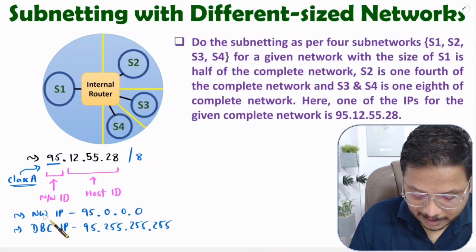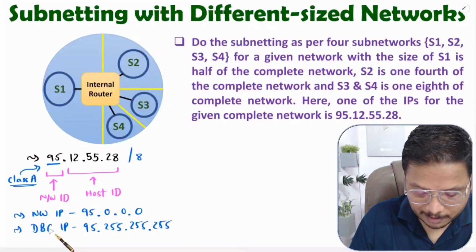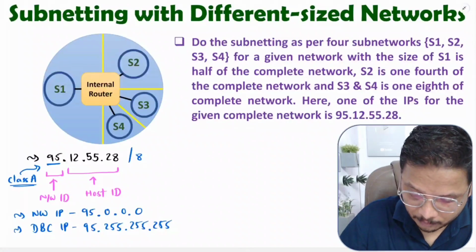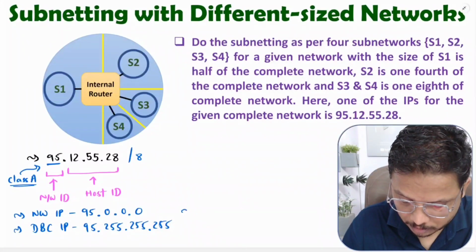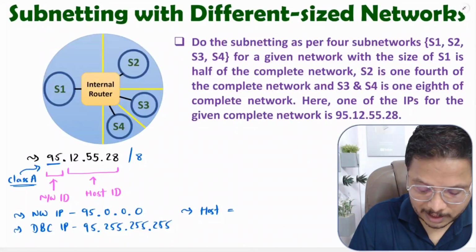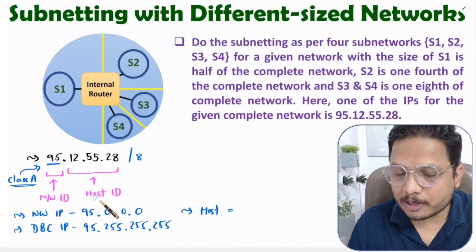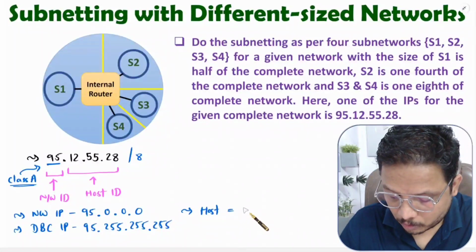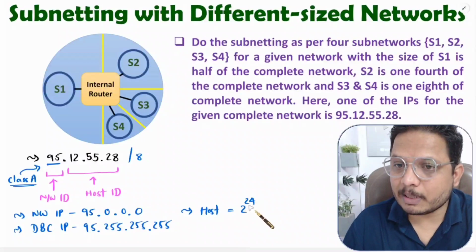So now we have the network IP and the direct broadcast IP, right? So based on this, you can understand how many hosts can be there. So the number of hosts, how many will that be? You see how many bits there are with the host ID over here? 8 plus 8 plus 8, 24. So 2 to the power 24, that will be the number of hosts.